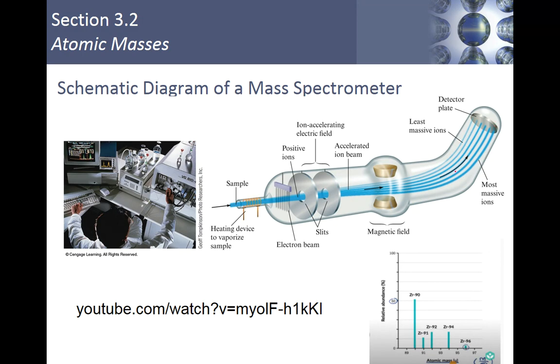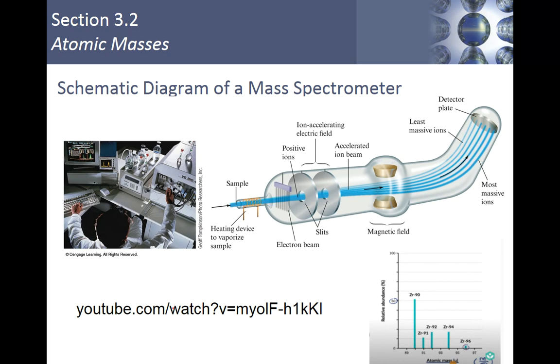Then once one gets hit, it records the number of ions that hit each region, and that tells you how much of each isotope is present. Here's a little image displaying that. For our previous example, carbon mostly exists as carbon-12, so that recorded the most ion hits.